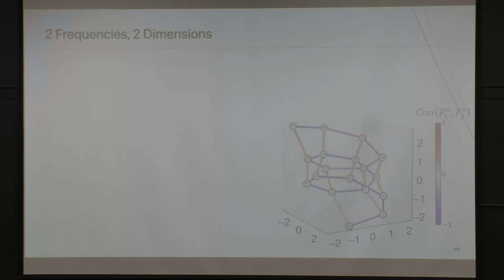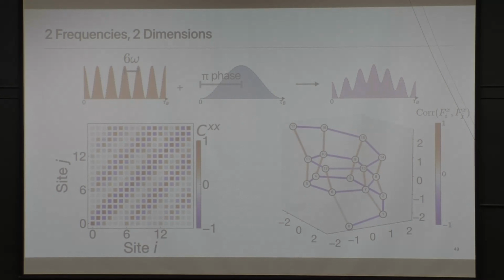Now, you can combine this in more complicated ways. For example, say you wanted to make this cylinder with interactions that are now changing signs, so some weird combination of ferromagnetic and anti-ferromagnetic. You can send in two frequencies with a different phase, so just a slightly more complicated waveform, slightly more complicated correlation, and a slightly more complicated effective geometry.